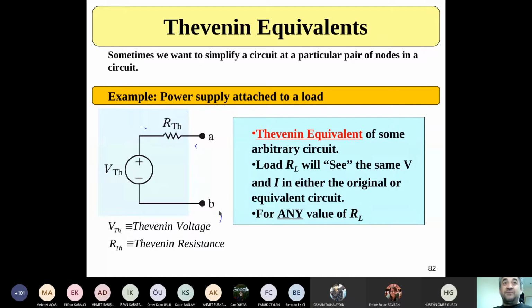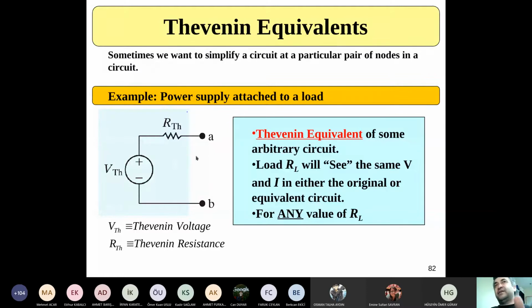As I said before, if we had a parallel resistance here, that wouldn't mean anything. We could easily ignore that resistance. The Thevenin equivalent circuit is a voltage source, dependent or independent, in series with a resistance. We call them the Thevenin voltage and the Thevenin resistance of that circuitry.